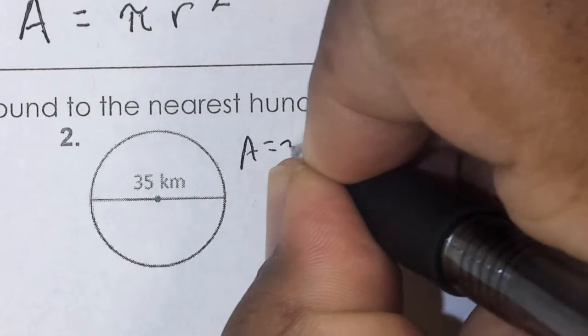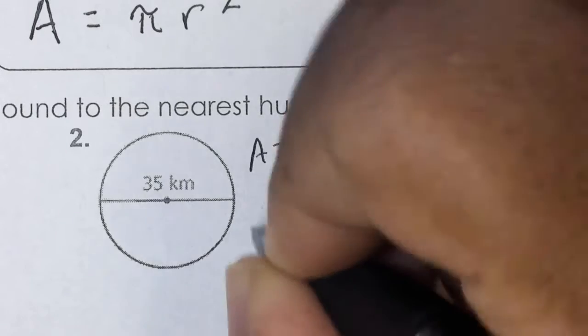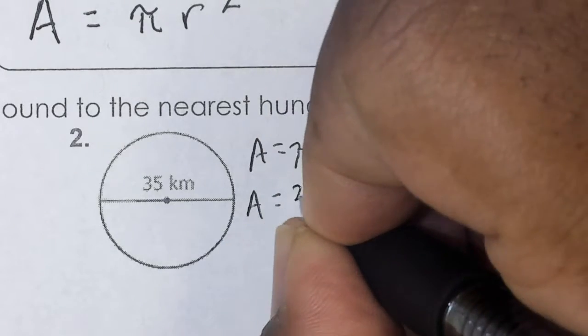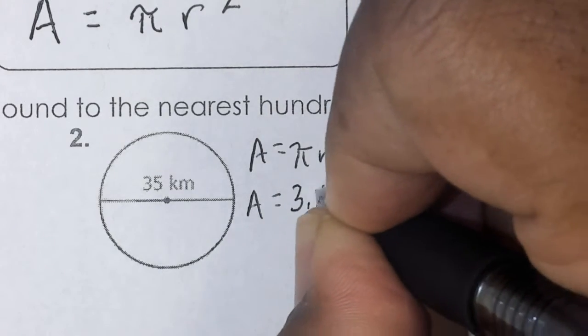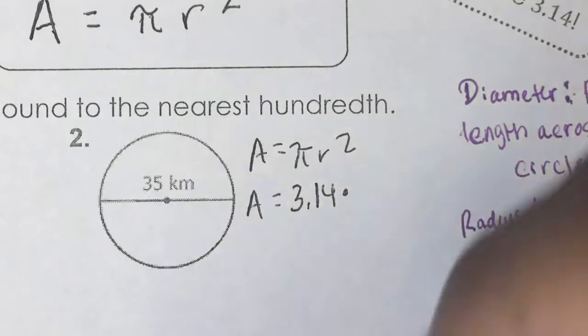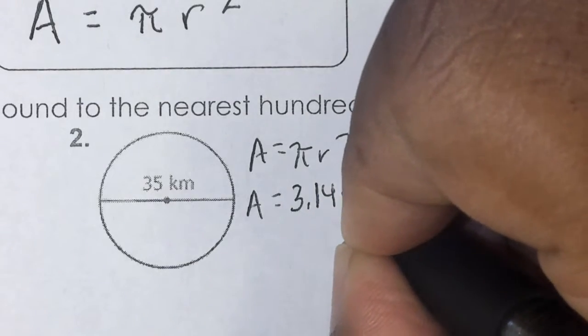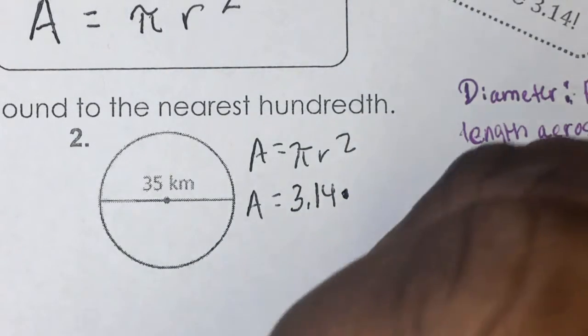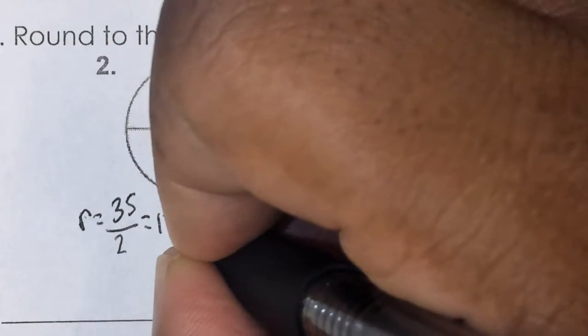Area equals pi r squared. Christian, number 2. Area equals 3.14 times, what's our radius, Christian? I don't know what I just called you. 17.5. Good. How'd you get that? 35 divided by 2. So yeah, 17.5.